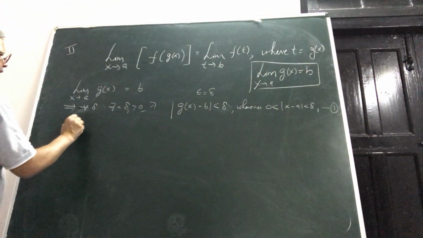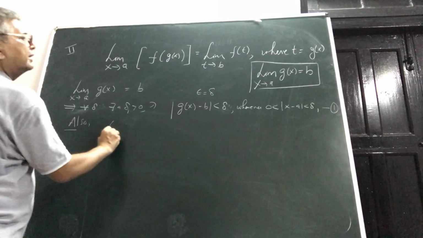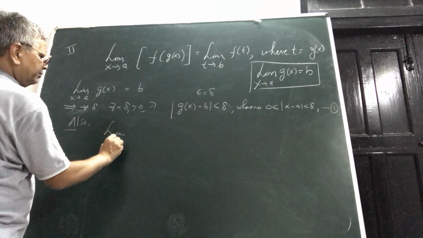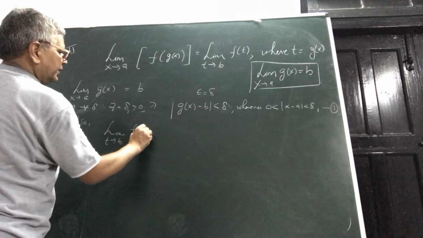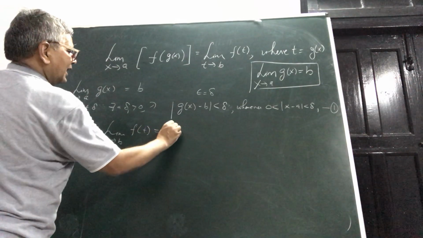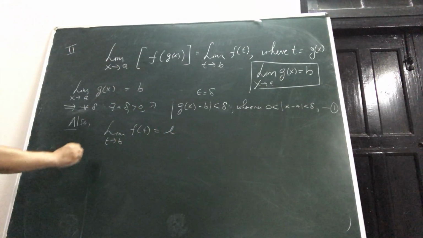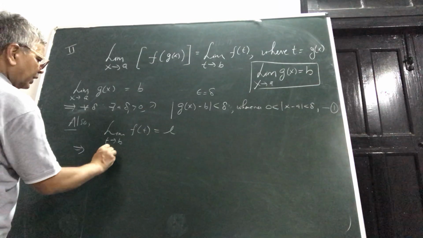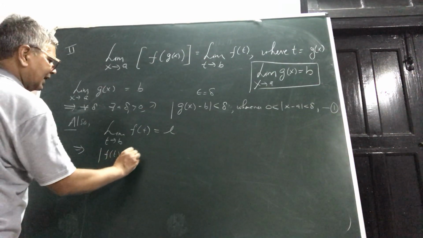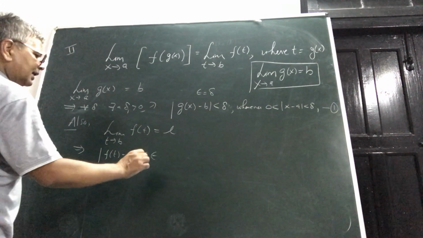Also, the limit as t tends to b of f(t) is, suppose, L. So this implies mod f(t) minus L will be less than epsilon.